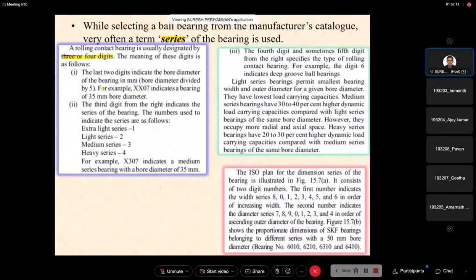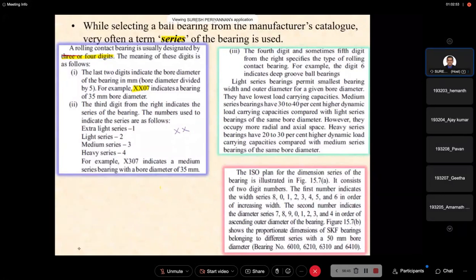Assume that initially I am putting 4 digits, because the bearing designation is going to be 3 or 4 digits, so I am considering X, X, X, X. As per the manufacturer and the design data book, the last 2 digits give the bore diameter of the bearing, which is multiplied by 5.